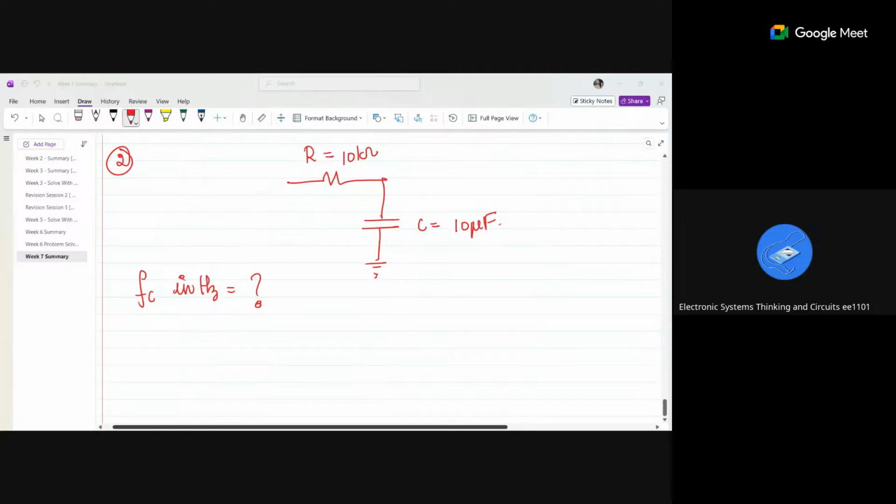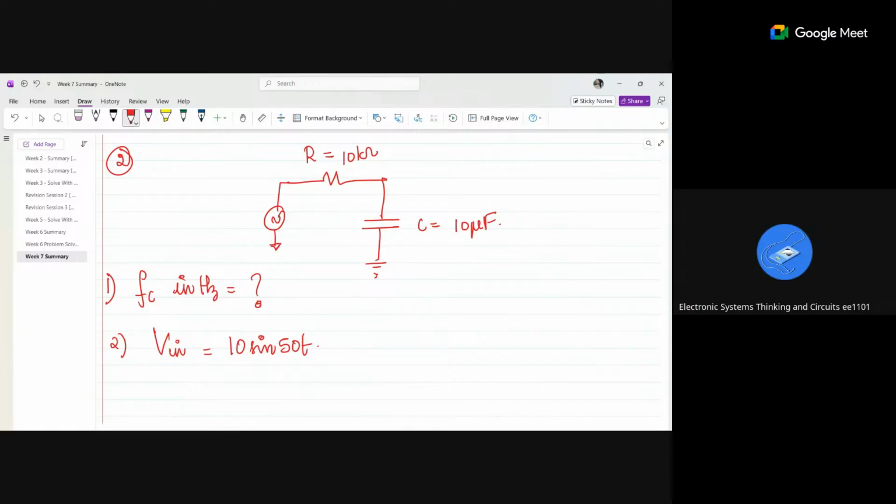Then the second part: given an input voltage of 10 sin 50t as input, assume Vc of 0 minus is equal to 0. You have to find the voltage across the capacitor. You can find it, tell me.